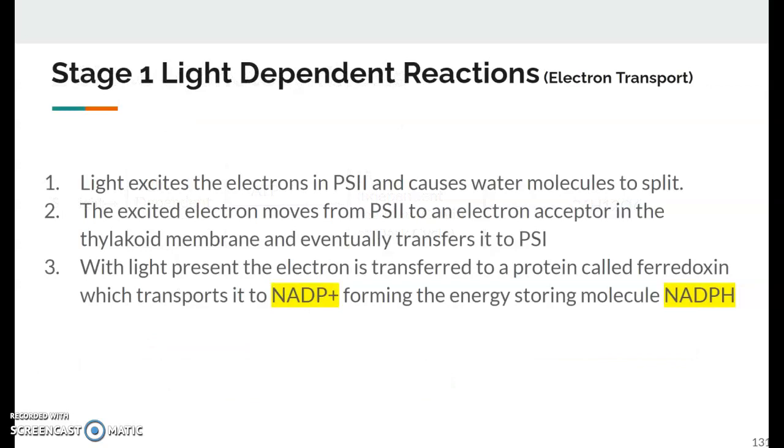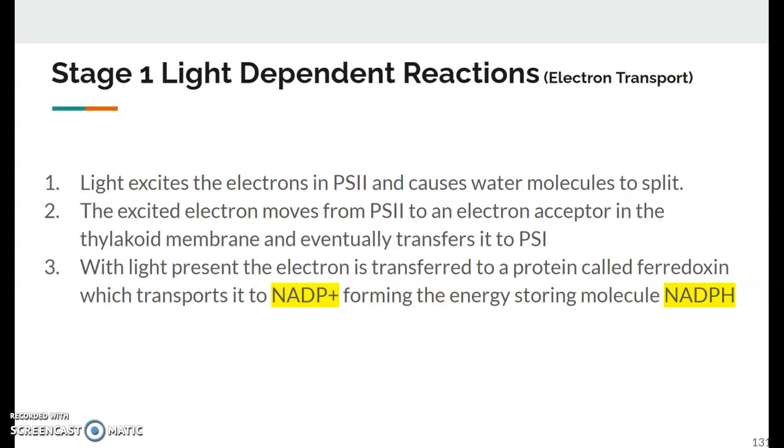So again, light excites the electrons in what we call photosystem 2. All right, again, if you can't remember the fine details, remember the big picture. This causes the water to split, right? The excited electrons move from PS2 to an electron acceptor in the thylakoid membrane and eventually transfers it to photosystem 1, PS1.